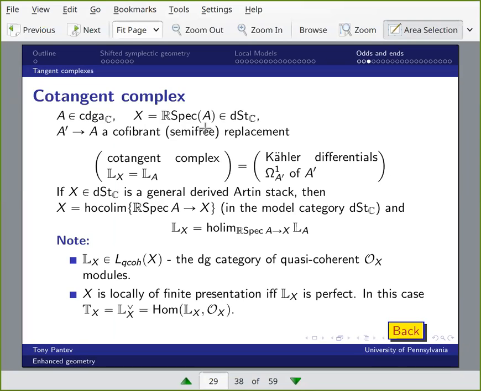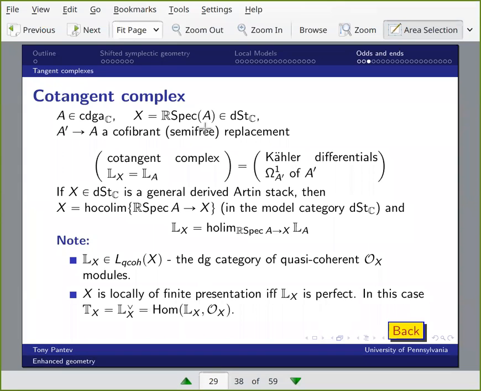So you can always replace some differential graded algebra by a cofibrant semi-free one like that, which is homotopy equivalent, or quasi-isomorphic. And then the cotangent complex of your algebra is just the Kähler differentials on this semi-free replacement. So it's a complex, it's not quite uniquely defined because it depends on the replacement, but it's well defined up to quasi-isomorphism.